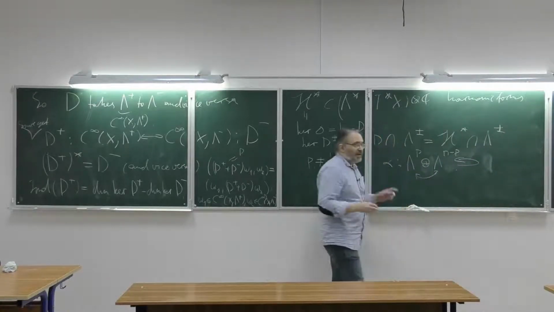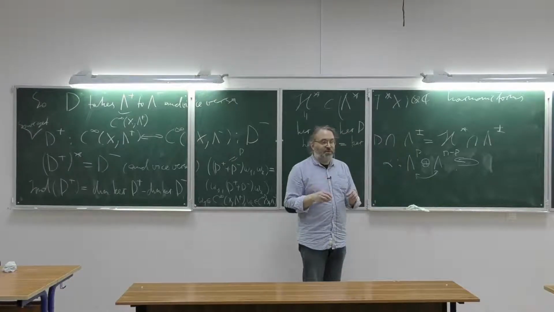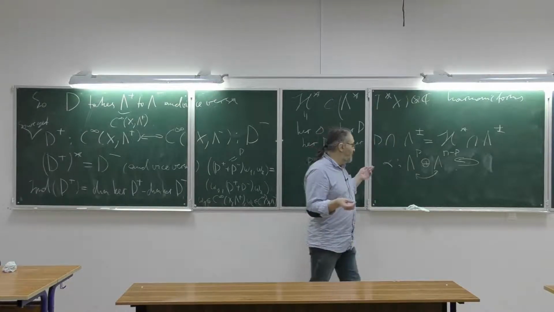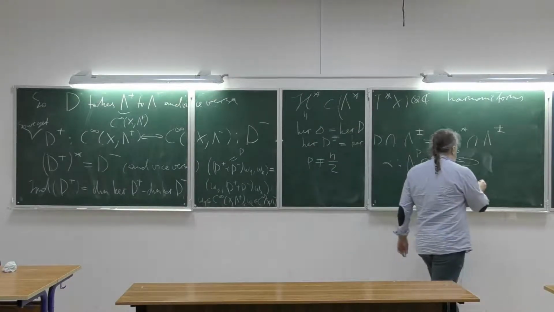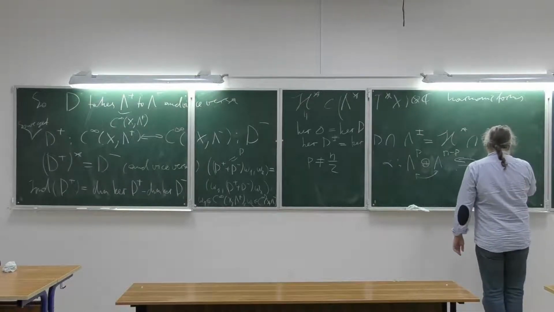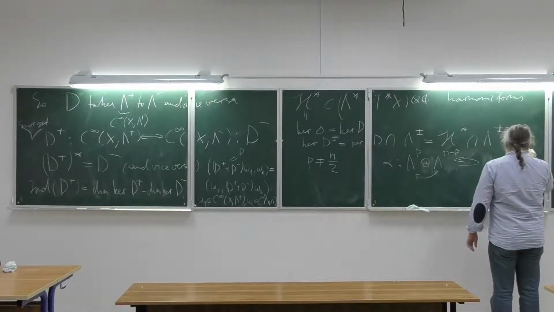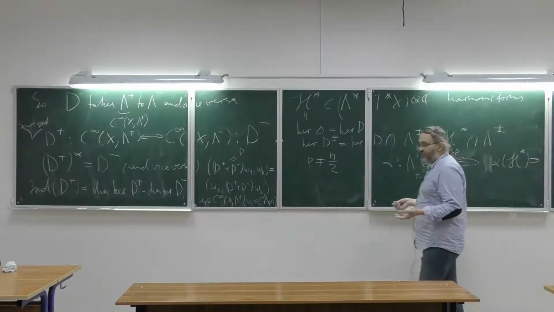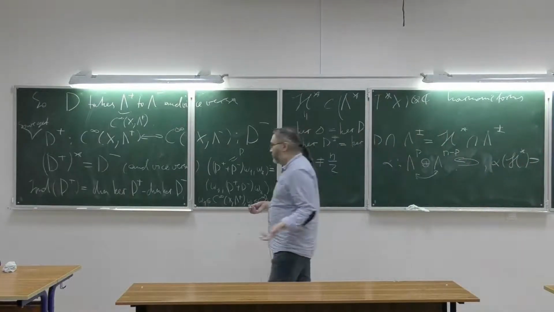We know that alpha anti-commutes with d, and also alpha commutes with the Laplacian. So alpha preserves the harmonic forms.